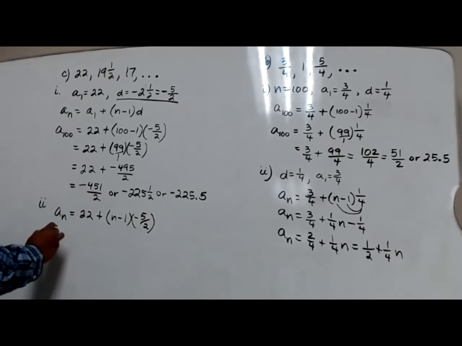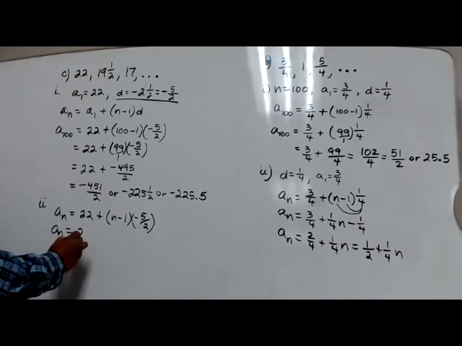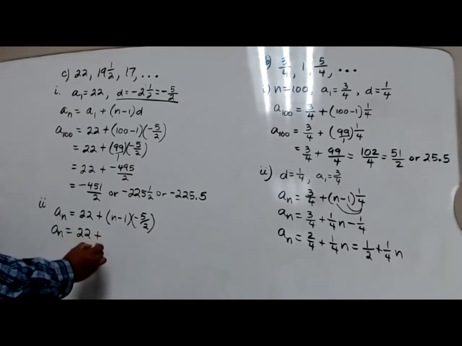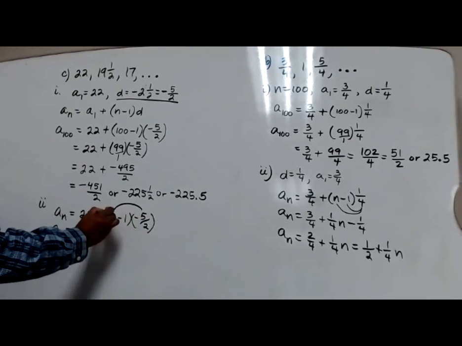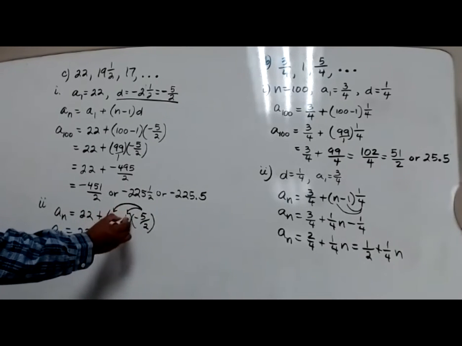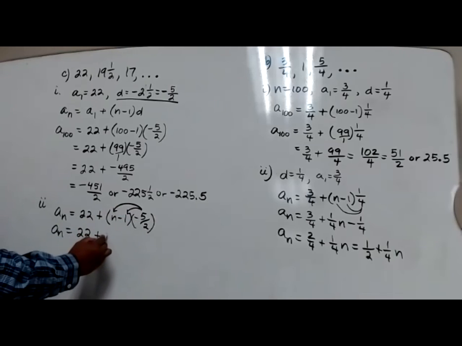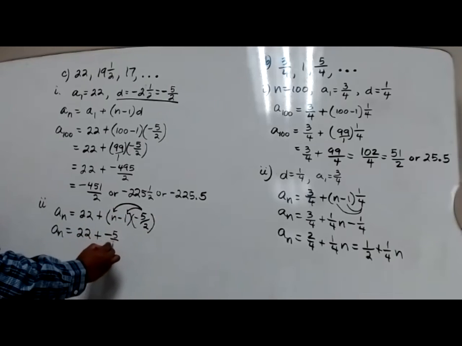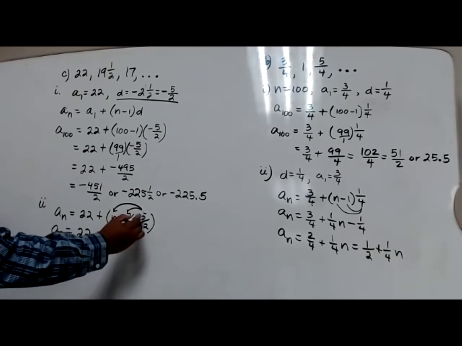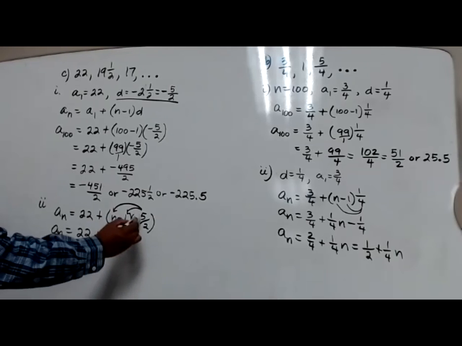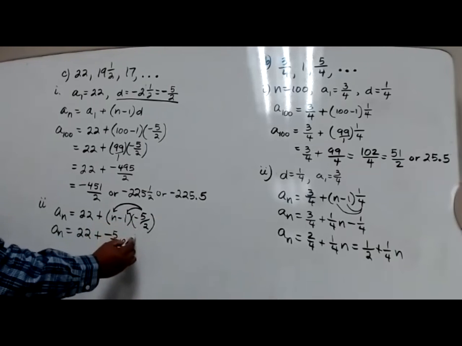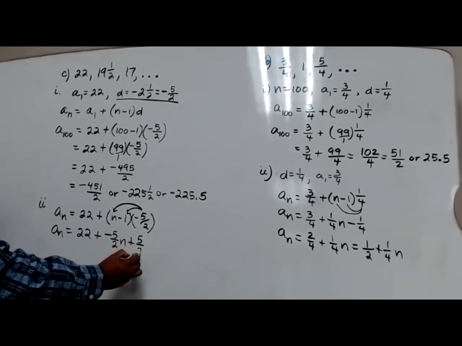So a sub n is equal to, bring down the 22 plus, and then distribute that -5/2 over the n minus 1. So -5/2 times n would be -5/2 n. Negative times a negative will be a plus, so 1 times 5/2 will be 5/2.